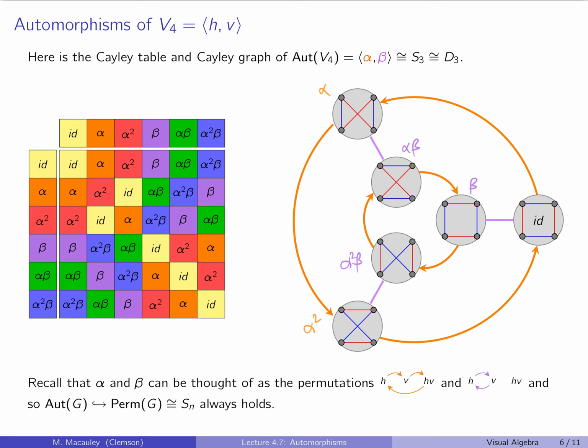There's not too much more I have to say about it, but I want you to notice that every automorphism permutes the elements of a group. So it's going to fix the identity, but it permutes everything else. And so we always have an embedding of the automorphism group into the group of permutations of G, which, if we say G is order n, we say that the automorphism group of G embeds into Sn. Here, this embeds into S4, but it really also embeds into S3 because every automorphism, again, is going to fix the identity element.